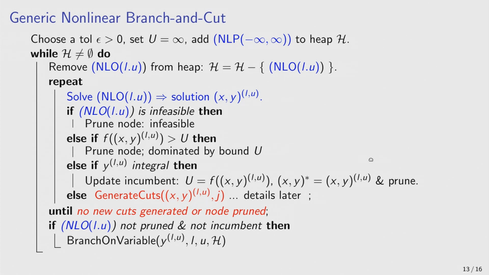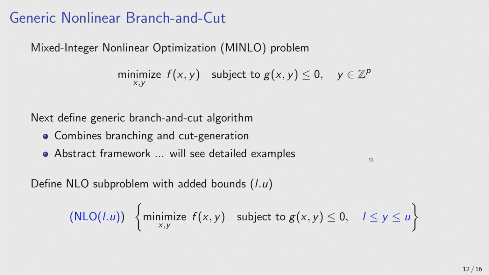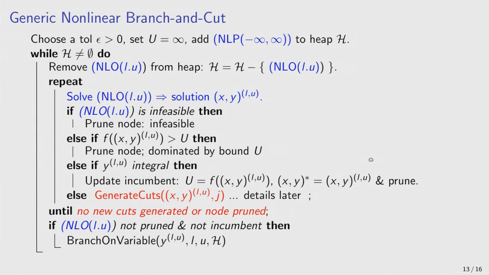So initially, the initial problem you place on there doesn't have any lower and upper bounds. So you just set them to minus infinity and infinity, which means if I set these two bounds to minus infinity and plus infinity, then that's just the continuous relaxation of this problem that I had up there. So if these are infinity, then there are no bounds. So that's the initial problem that I put on my heap.